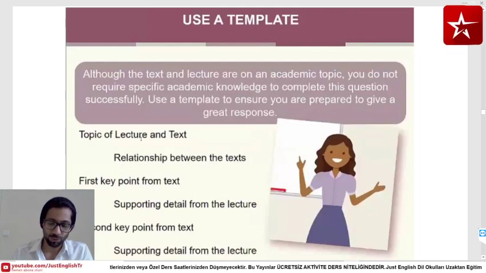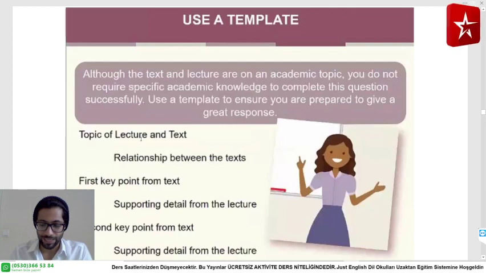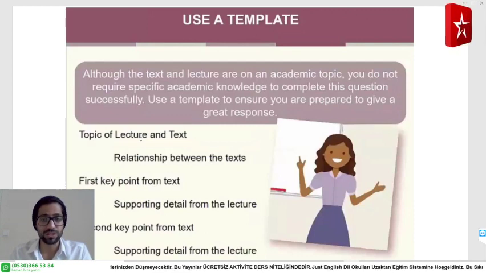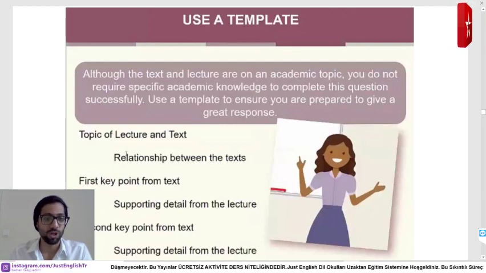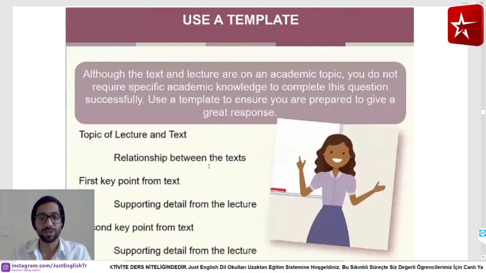So as we discussed before, for the 3rd and the 4th questions in the speaking module, here the template must be organized the way it is right now. A topic of lecture and text, the relationship between the text and the lecture. Okay, because you will read a text and you will listen.